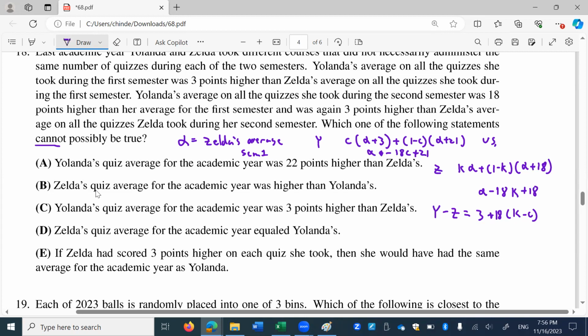So K minus C could range anywhere from -1 to +1, endpoints not included. But no matter what, K minus C is not bigger than 1. And so Yolanda might have done better than Zelda, but the maximum she could have beaten Zelda by is 21 points. So Yolanda cannot possibly have had an average 22 points higher.